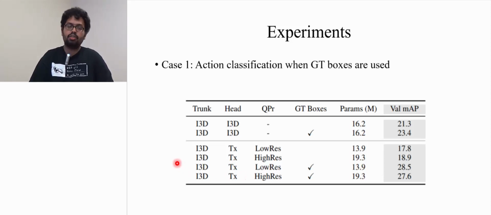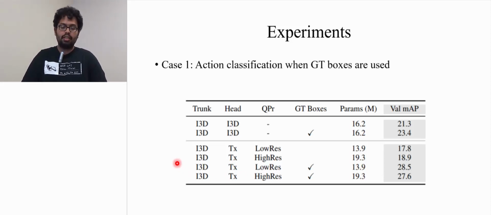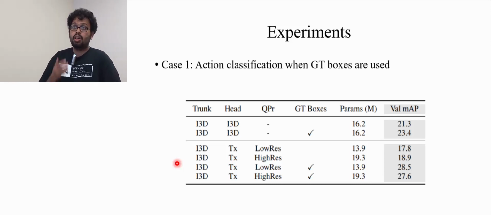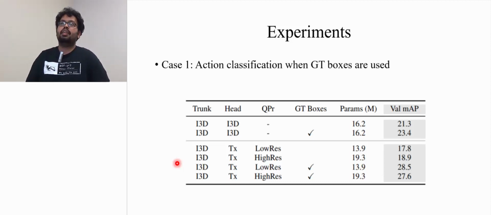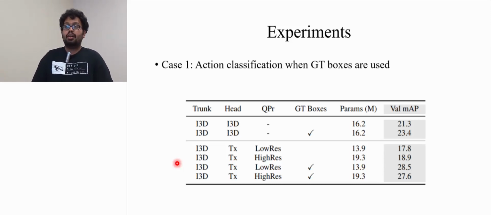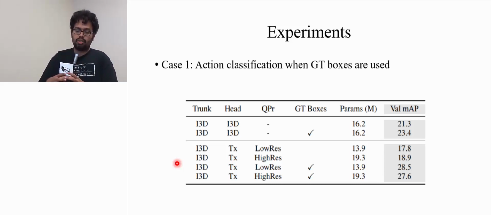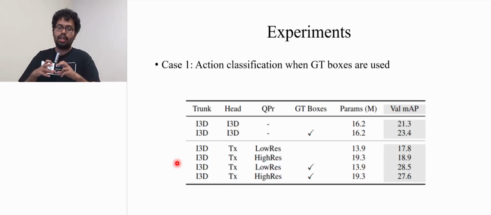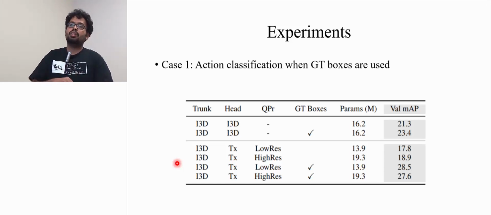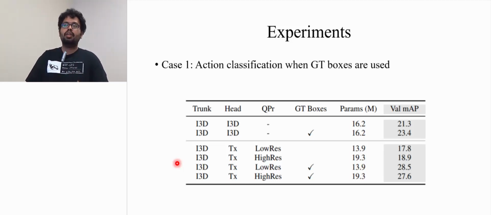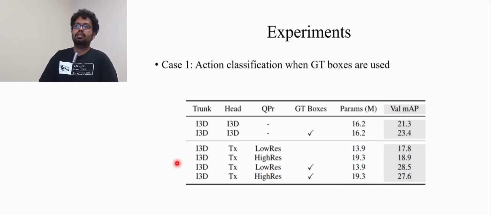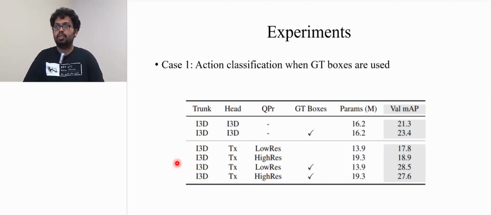So the authors performed different experiments in order to validate the performance of the proposed approach. In the first case, they see how well the action classification is done given the ground truth boxes, meaning that they assume the actors have been localized with the ground truth boxes, and now they want the transformer network to predict what kind of action class it is using the proposed approach.